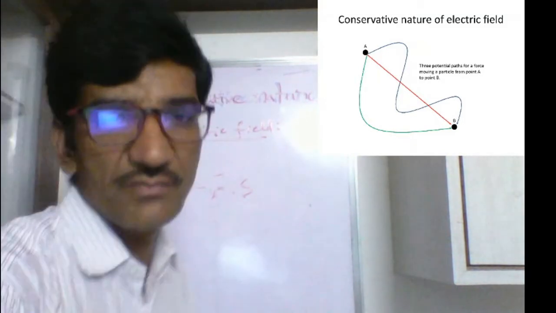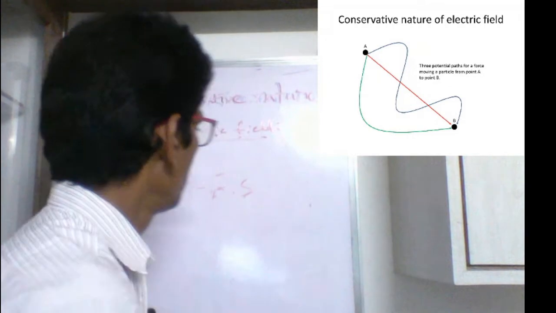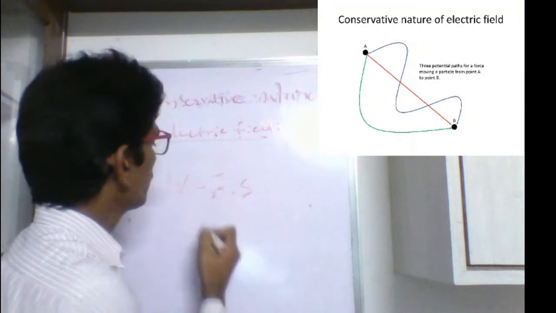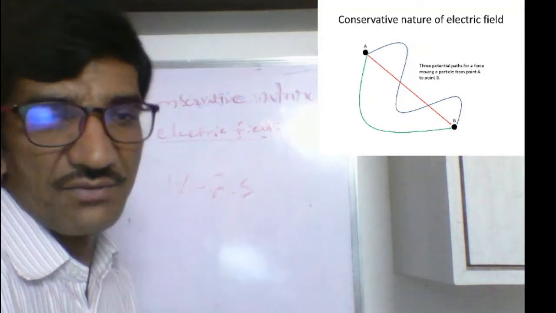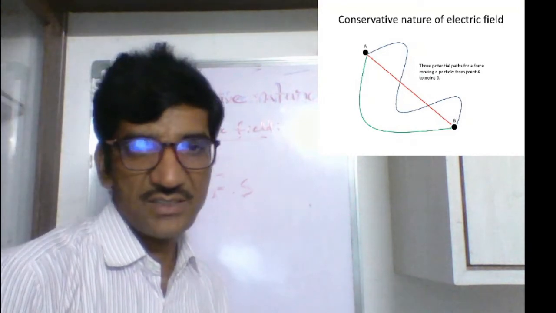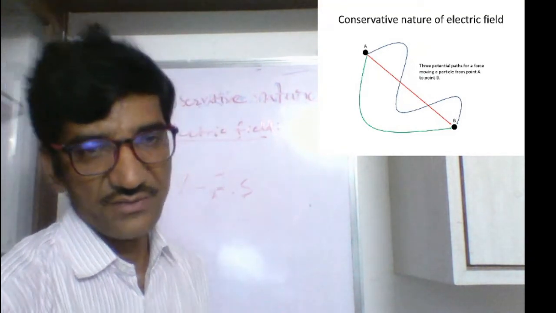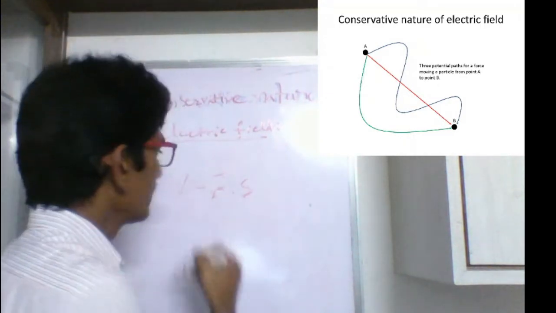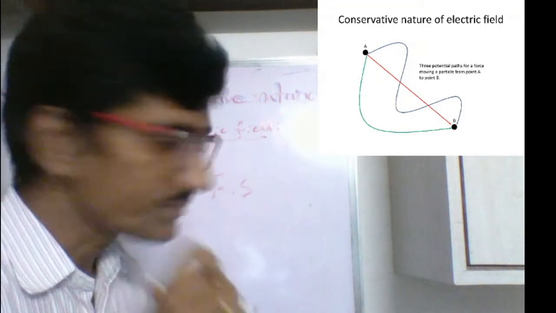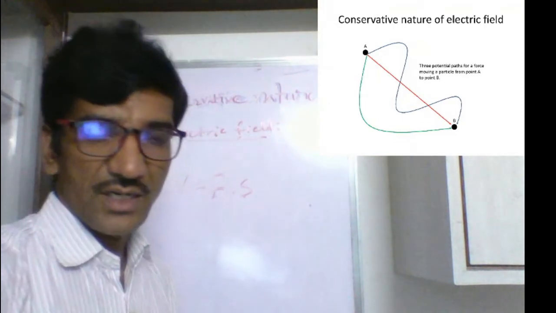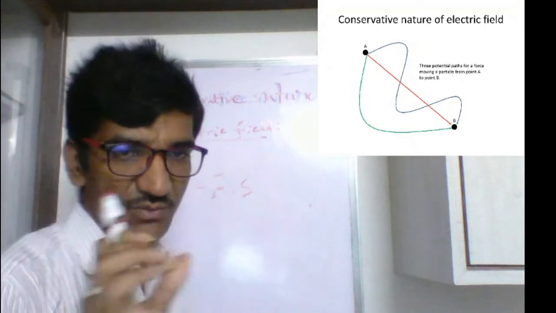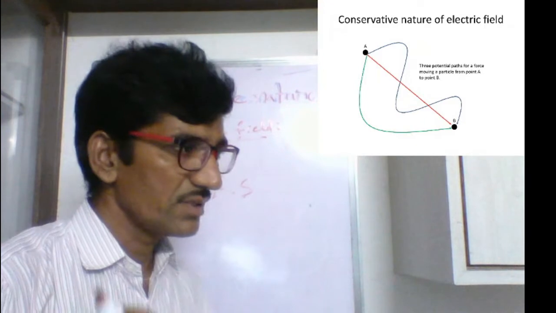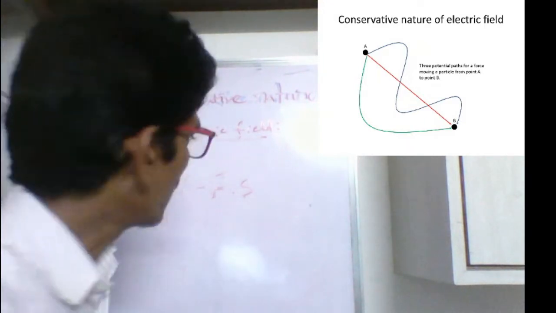Here, for maximum work, we simply write F as the displacement is in the direction of the force. For example, let us take only a unit positive charge.